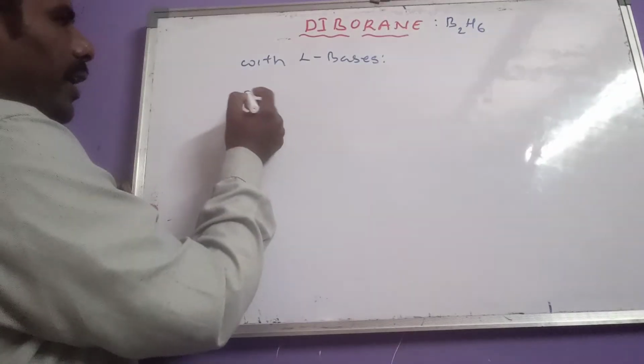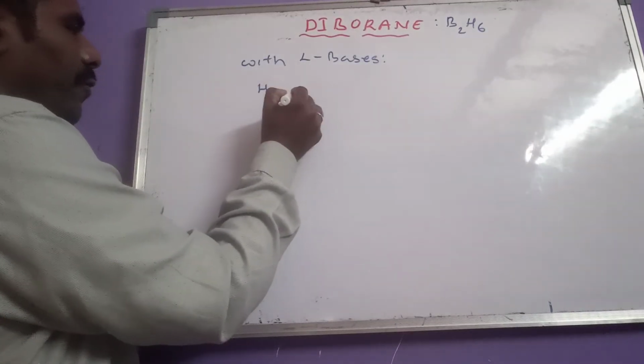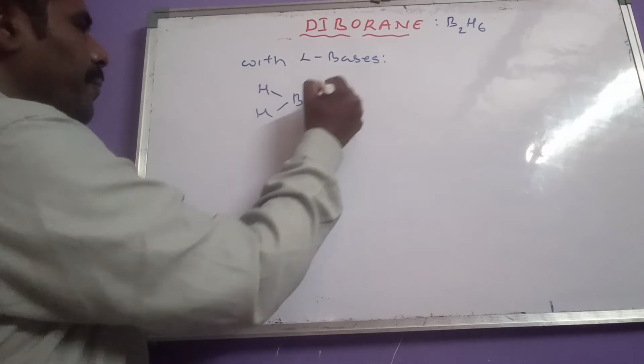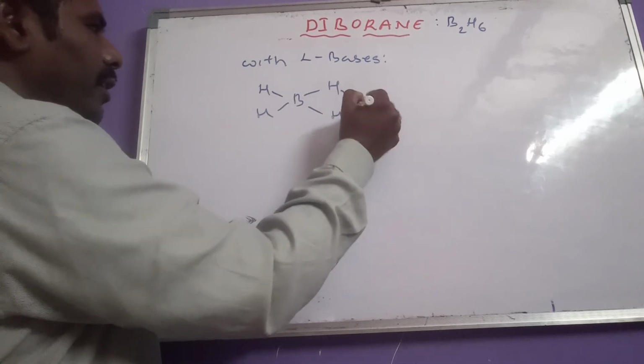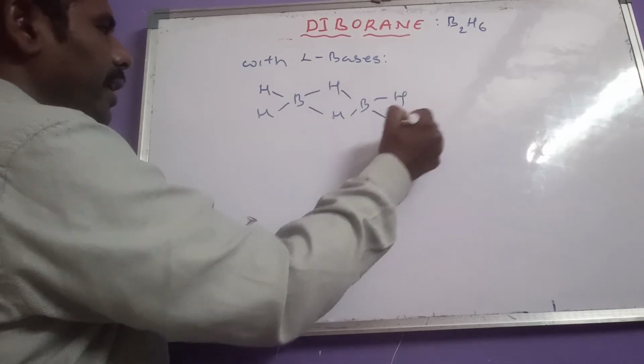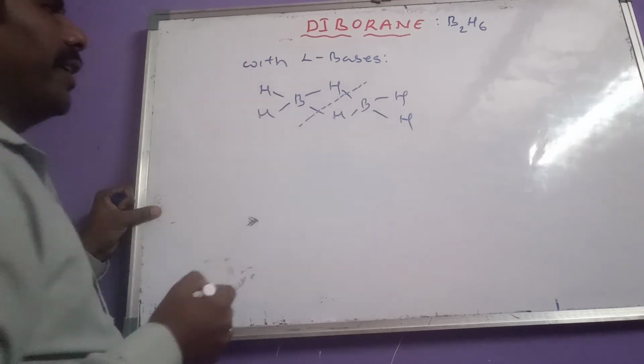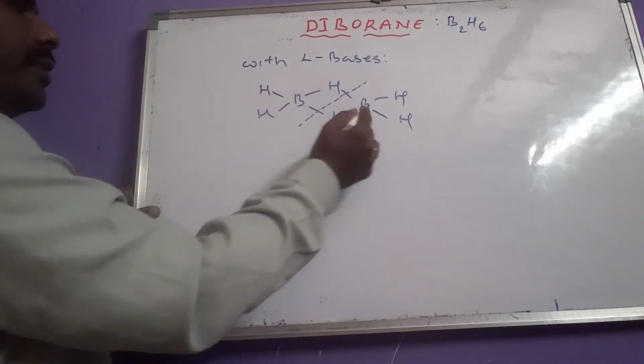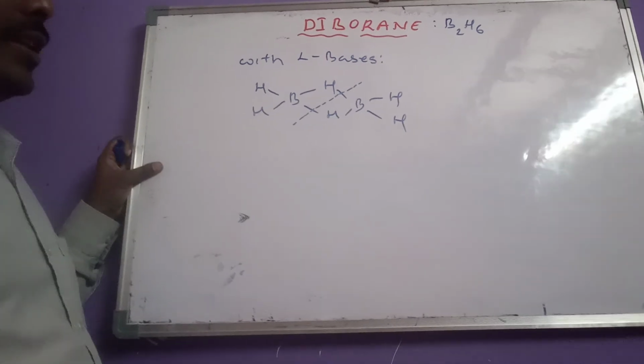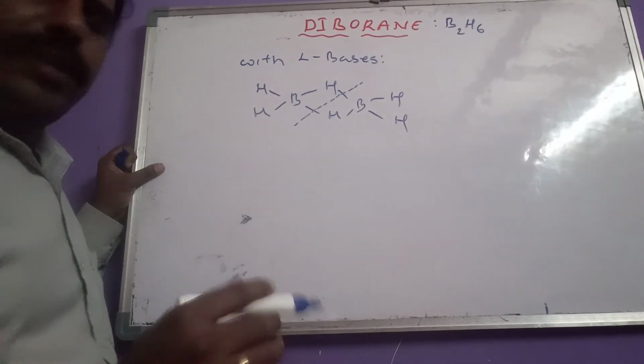Let us see homolytic cleavage. Of course, first we should know the structure of diborane also. This we can explain later. So now if this type of cleavage takes place, BH3, BH3. That is called homolytic cleavage.